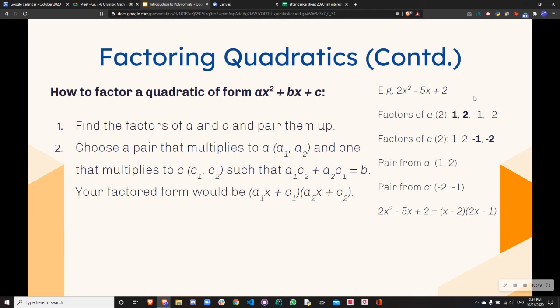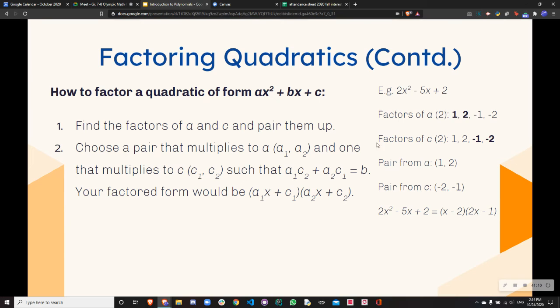Let's look at an example to make it more clear. We have 2x squared minus 5x plus 2. First, let's look at the factors of a, which is 2 in this case. We have 1, 2, and we also have to consider the negative factors, which are -1 and -2.